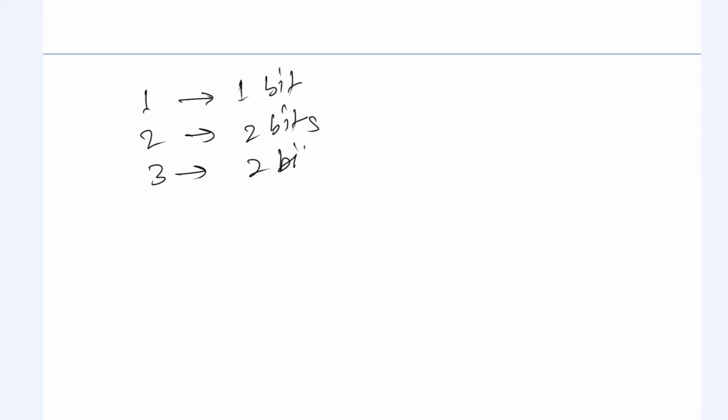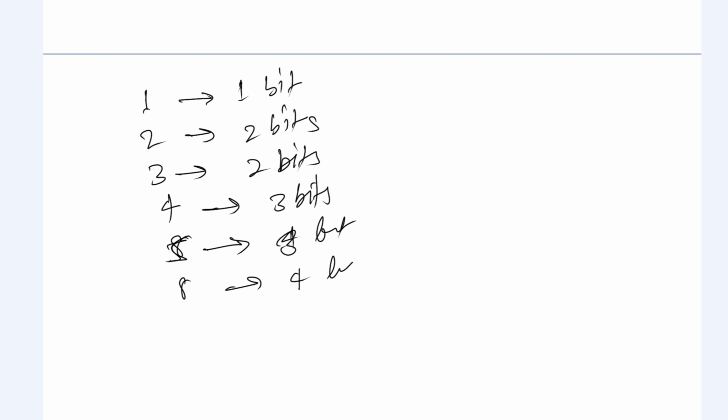Looking at the binary lengths: for 1 it is 1 bit, for 2 it is 2 bits, for 3 it is also 2 bits, for 4 it is 3 bits, for 5 it is 3 bits, and for 8 it is 4 bits.